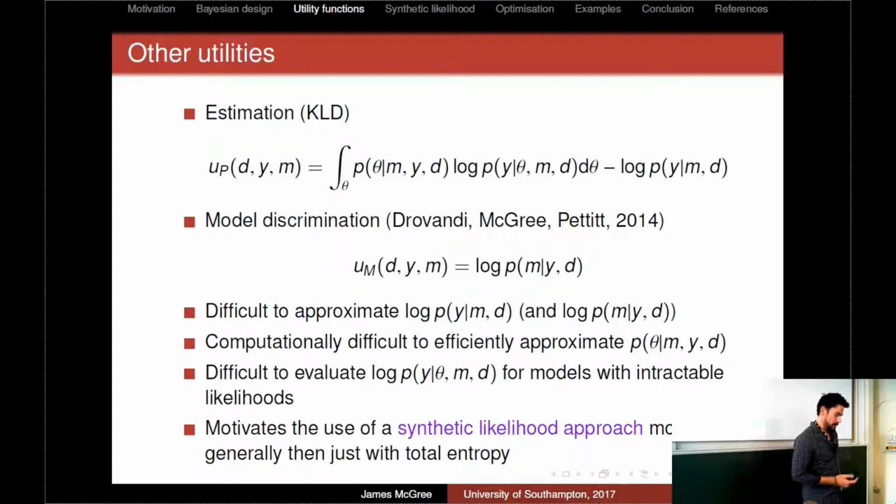And the model discrimination utility is the log of the posterior model probabilities. So more difficulties there. But hopefully, with the synthetic likelihood approach that I'll talk about in a moment, we'll be able to estimate not only the total entropy utility, but also these other utilities as well. They seem obvious because they're components of total entropy, but I just thought I'd make the point.